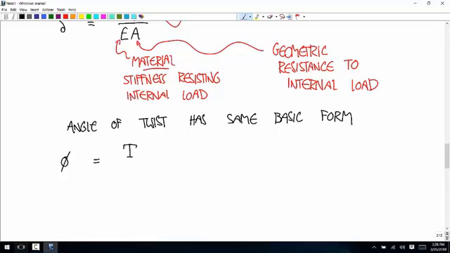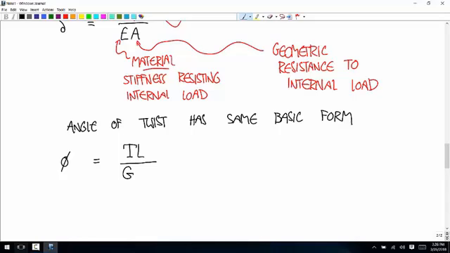So fancy T. And then length is still length. Then we're talking about the material stiffness that resists shear stress. I'm going to call that G, and I'll give that to you in a second.